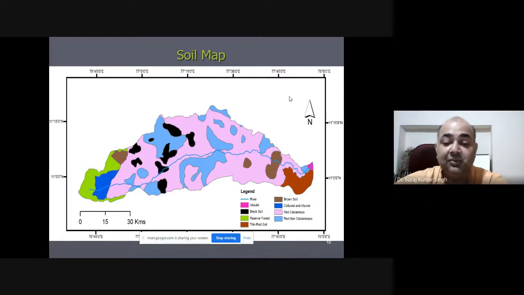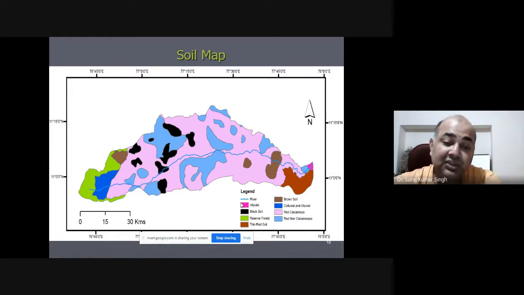In the current area, the entire area is classified under alluvial soil, black soil, reserve forest, thin red soil, brown soil, pluvial and alluvial, red calcareous, and red non-calcareous. These are the various kinds of soil types present in your area of investigation.